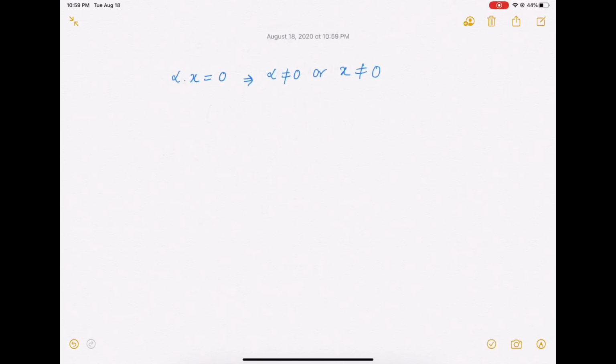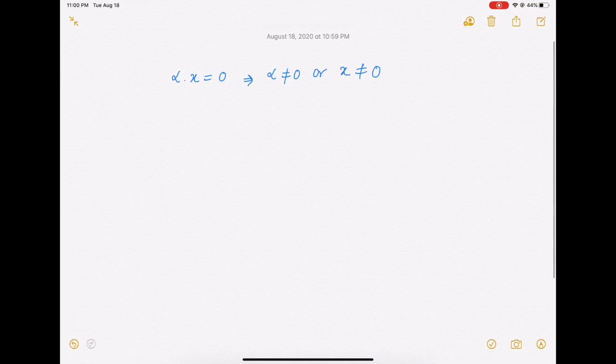Next property, we will prove alpha dot x equals 0 implies alpha equal to 0 or x equal to 0. That is, if this product of a scalar quantity and vector quantity is 0, then one of them is 0.